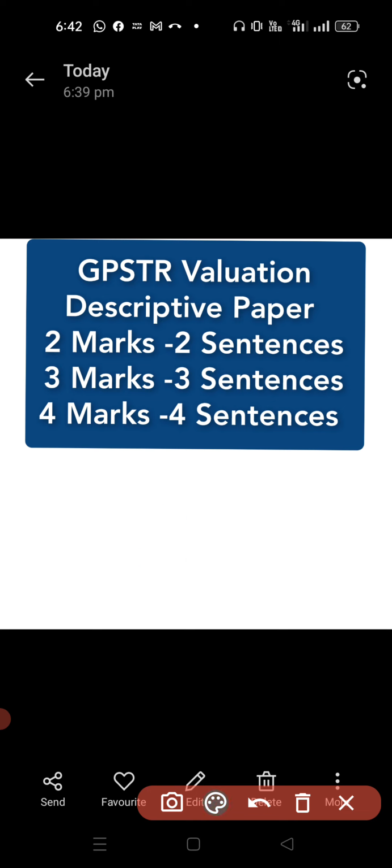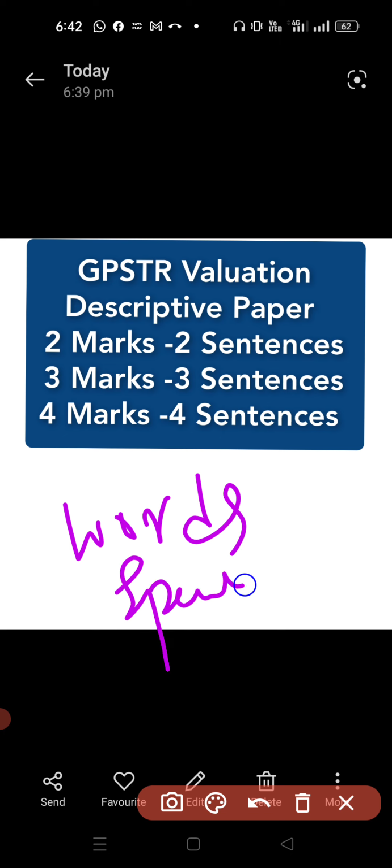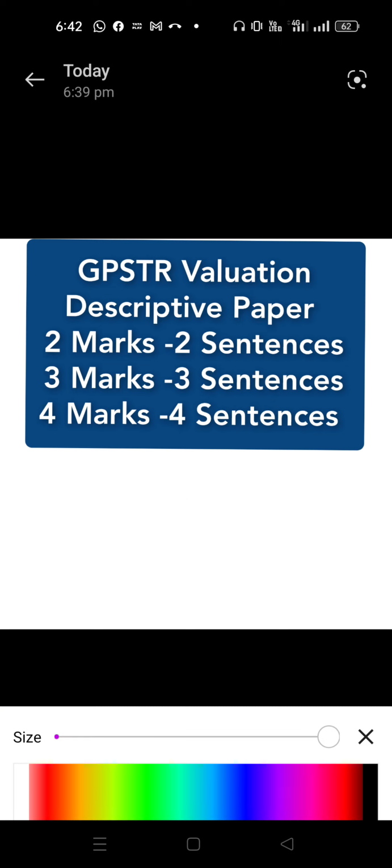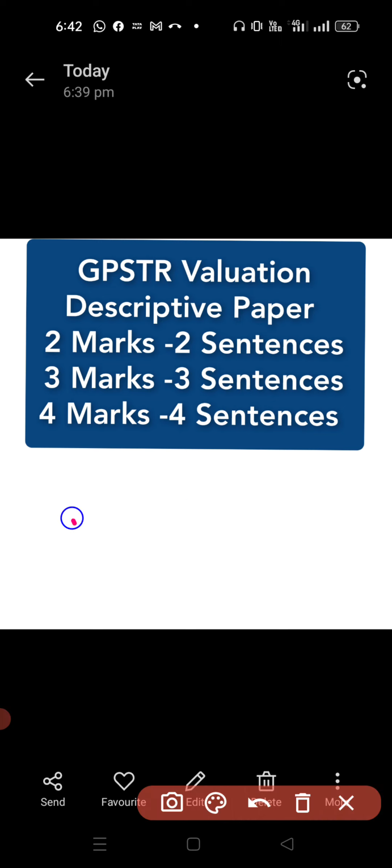They are interested in the words, specific words. Even for 2 marks, 3 marks and 4 marks, they want specific words. If the specific words for the question are correct, then they are going to give you the correct marks.